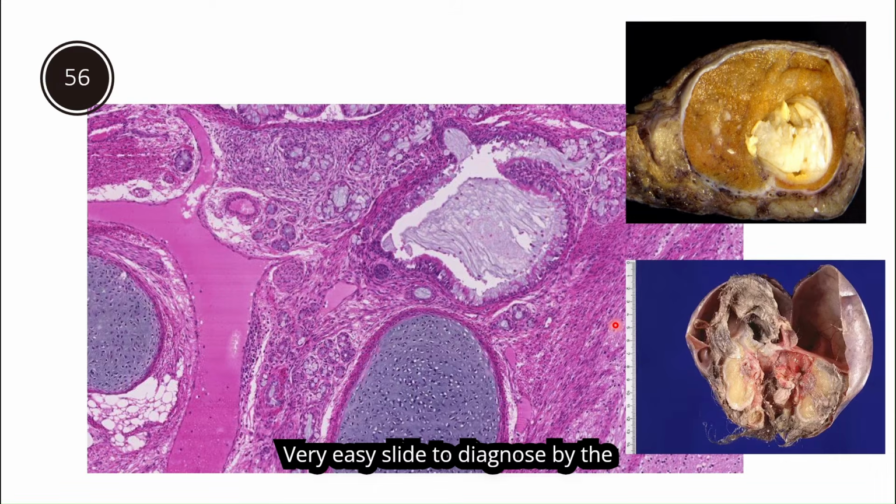Very easy slide to diagnose by the presence of cartilage. Whenever you see cartilage in your slide, try to identify other features. Here you can appreciate some sebaceous gland, mucus gland along with the cartilage, some fat cells. So this is the slide of mature teratoma.